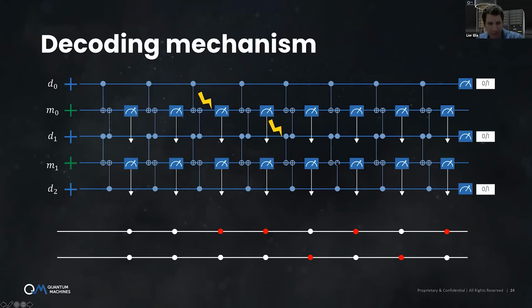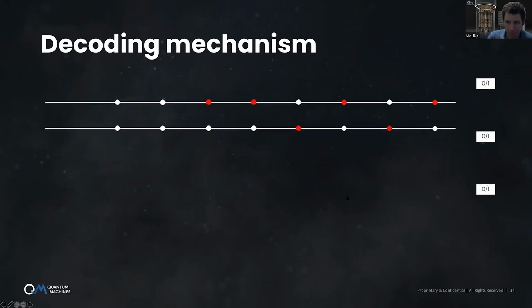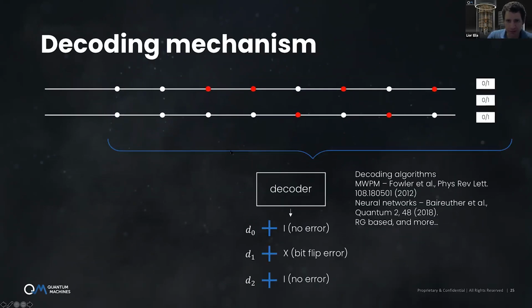It's not important what the actual record is in this case, but the point is that you get this record, and in the end you do a final measurement, which gives you these measurement outcomes for the data qubits. Then you take all of this and feed it into the decoder. If it's successfully decoded, it's going to tell us that D0 had no errors, D1 had a bit flip error, and D2 had no errors. This is the best the decoder can do in this situation.